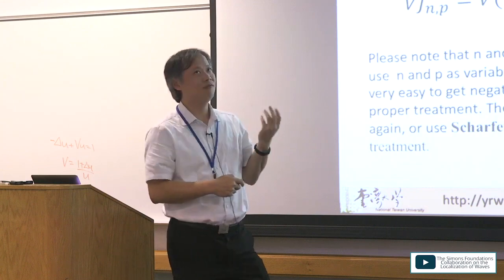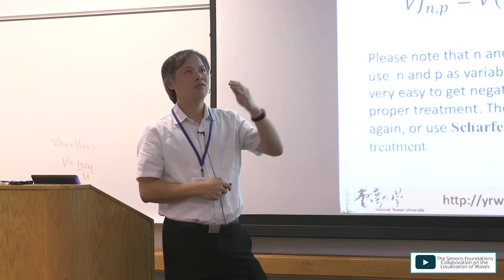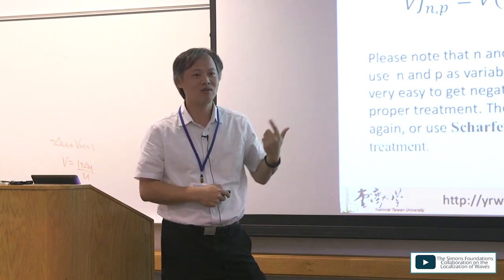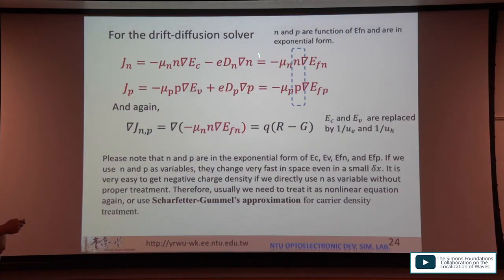Using finite difference or finite element to solve in the discrete domain, with small deltas, the carrier density changes by one order. So it's impossible to directly solve the drift diffusion. You cannot directly use finite difference to discretize n.